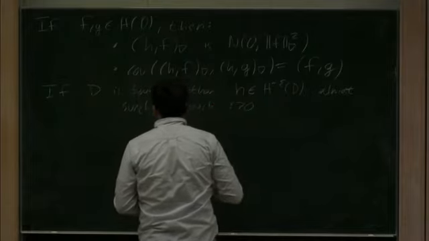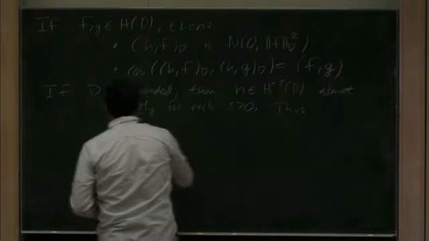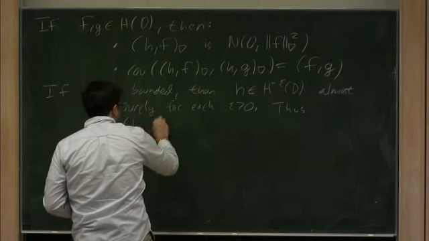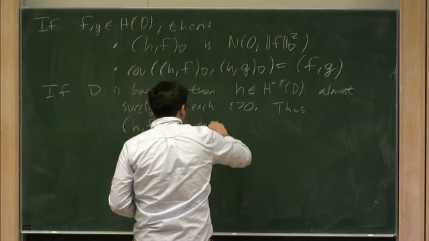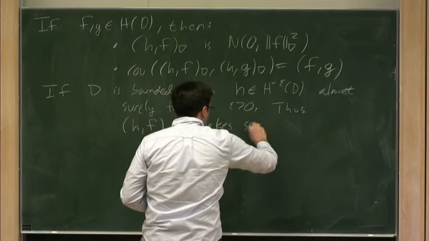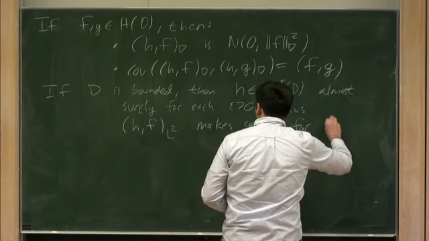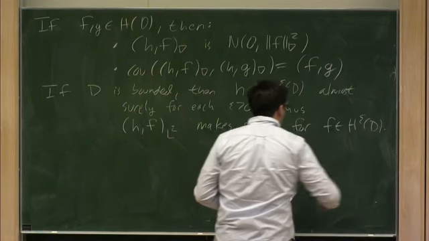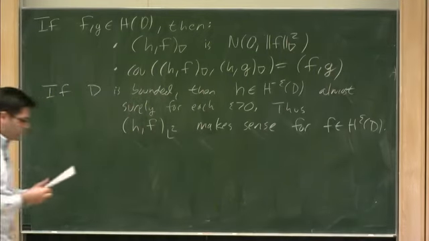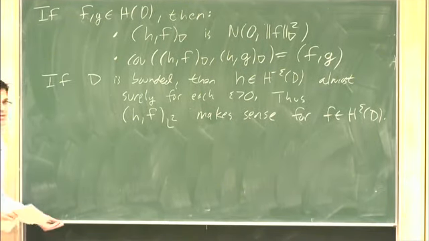And this is what allowed us to define the L2 inner product. So we can integrate the Gaussian free field against test functions which are sufficiently regular. So these are for functions f, which are in H epsilon of D, whenever epsilon is positive. Okay, so that's pretty much what we did last time.